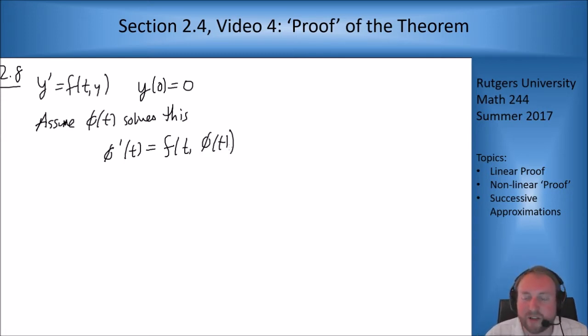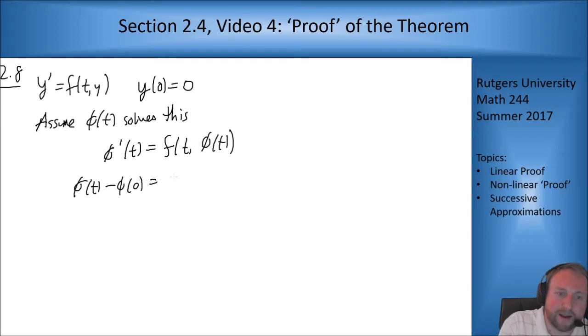Now I want to apply the fundamental theorem of calculus to write this in a slightly different form. So Calc 1 fundamental theorem of calculus tells me I can write phi of t minus phi of 0 as the integral from 0 to t of phi prime of s ds.